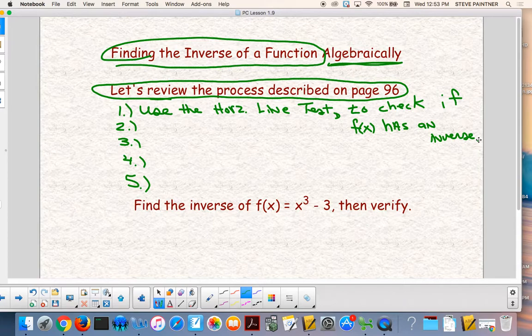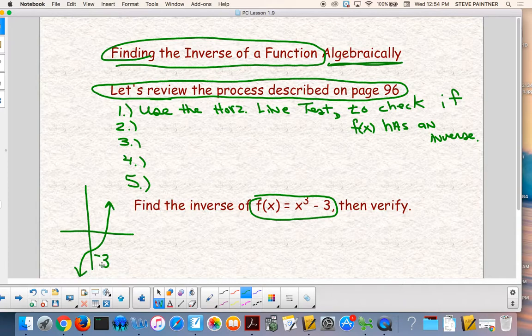Do you guys know what you're looking at? Find the inverse of the function f of x. It's the parent shifted down 3. That is the cubic function, so you should kind of know this. The cubic function goes like this, but it's down 3, so it's going to look like that. Negative 3 is here.